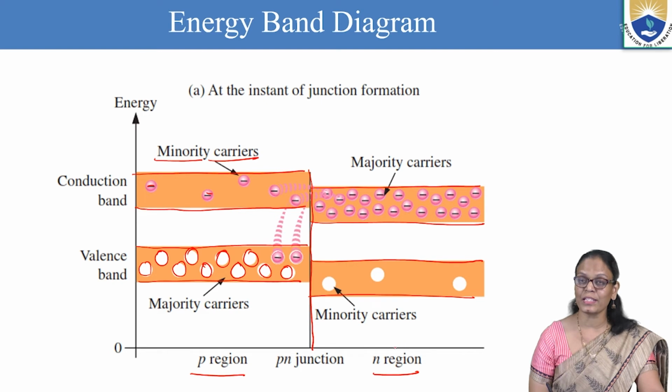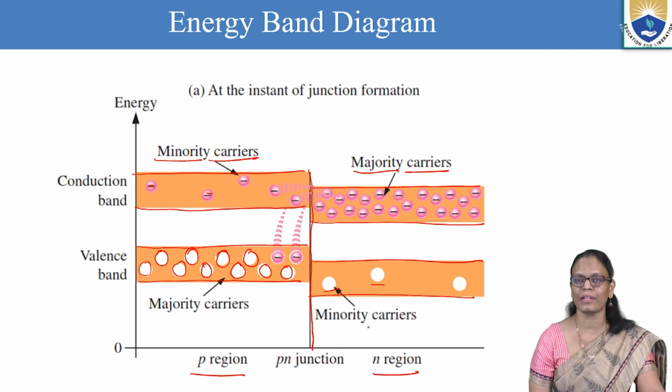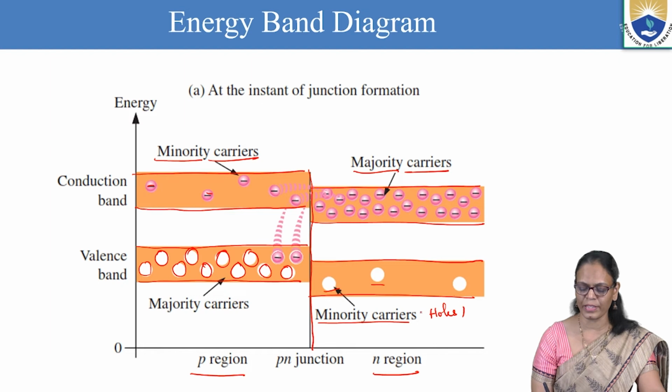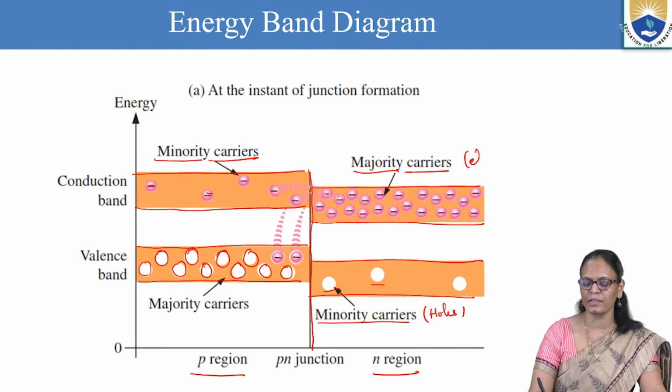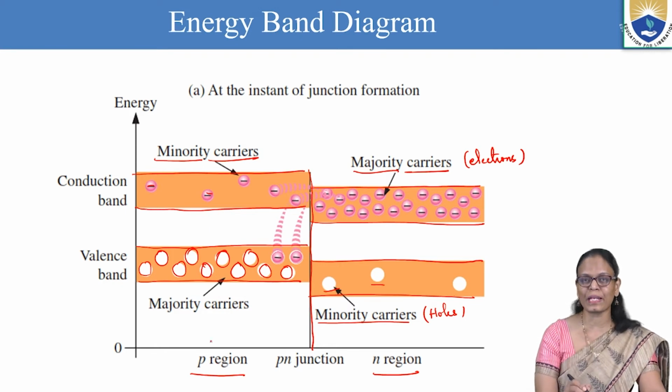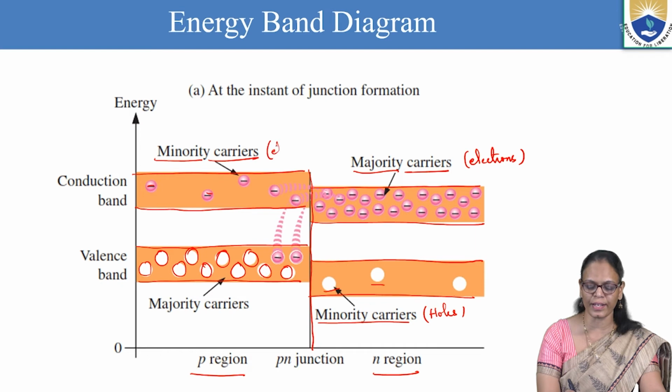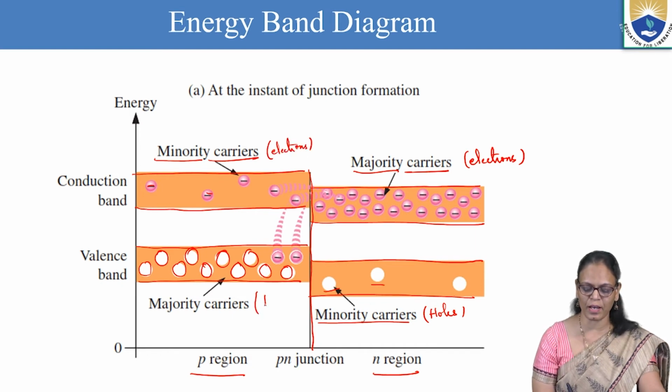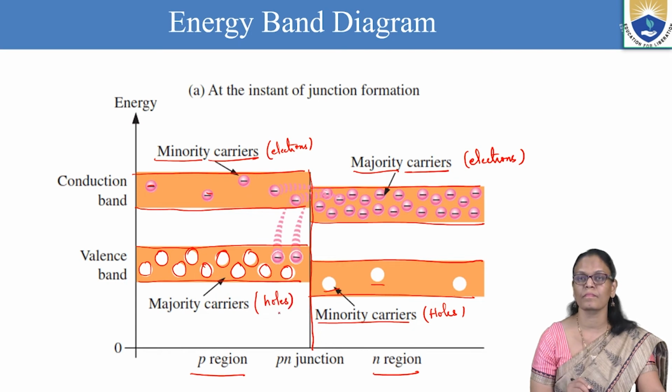When it comes to N type, electrons are the majority carriers and holes are the minority carriers. One important point to remember: on the P side, minority carriers are electrons and the majority carriers are holes.